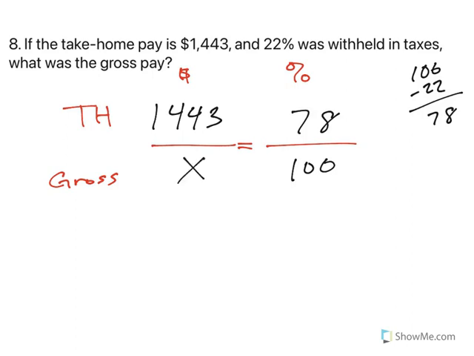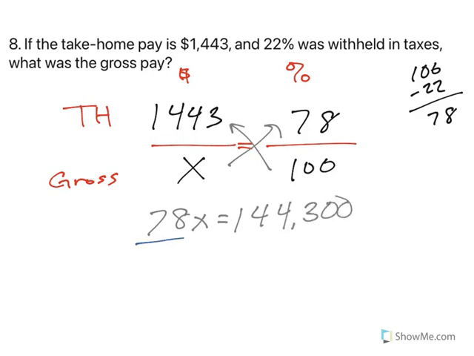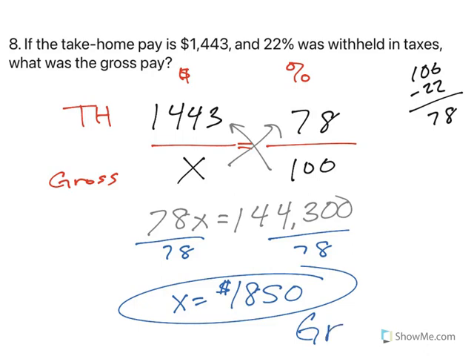So we can use the 78 over 100 to find our gross pay. So we cross multiply. 78x equals 144,300. Divide both sides by 78, and we end up with $1,850. So $1,850 is your gross pay. That's how much you earn before taxes.